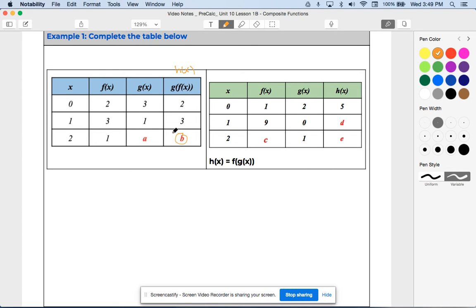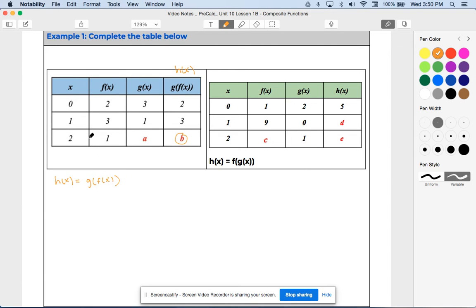So the way we would do that is by figuring out a little bit of notation here. Because we're calling this h of x, it's the same as g of f of x.